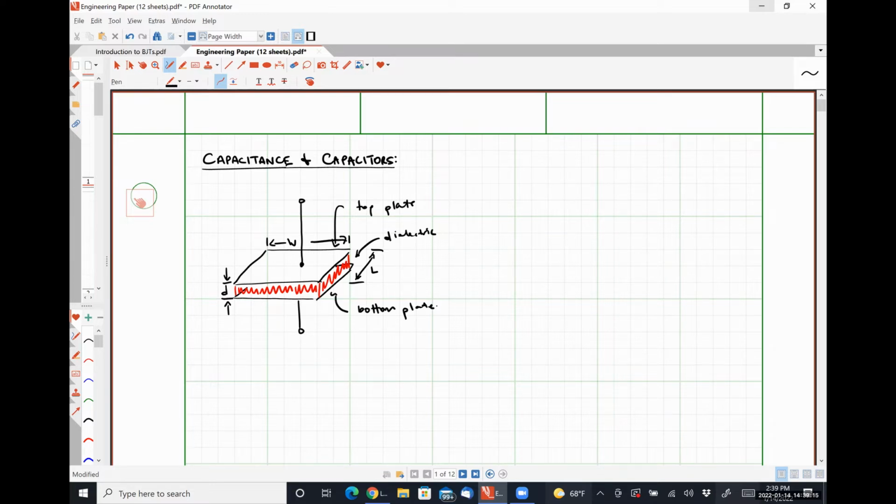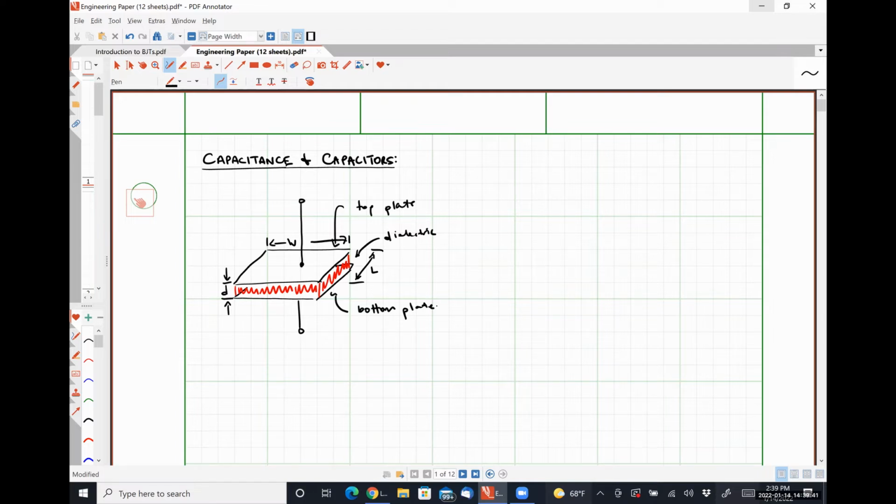This understanding is key to realizing how current flows through one of these devices, because it doesn't actually flow through it at all, okay? These are two metal plates that are physically separated from each other with a medium in between whose job it is to keep current from flowing, okay?